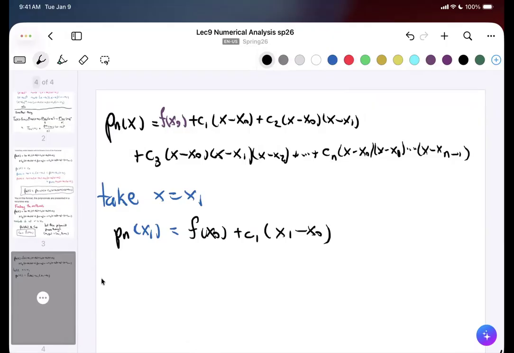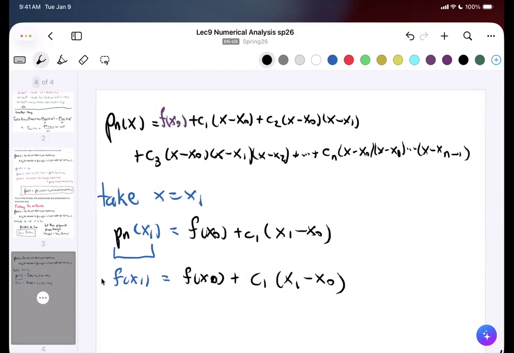This is an interpolation polynomial, so we already know Pn of x1. That's just f of x1, because it's supposed to pass through those points. Because of the interpolation property, this is just f of x1. So you start getting something that hopefully looks a bit familiar. You get that f of x1 is f of x0 plus C1 times x1 minus x0.